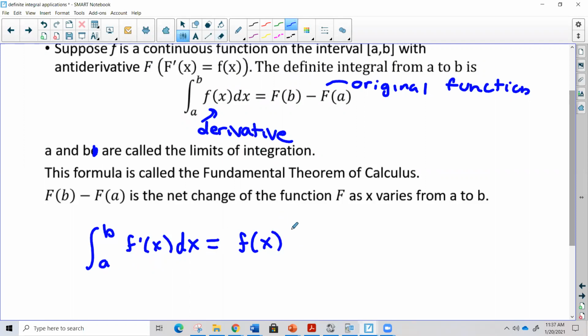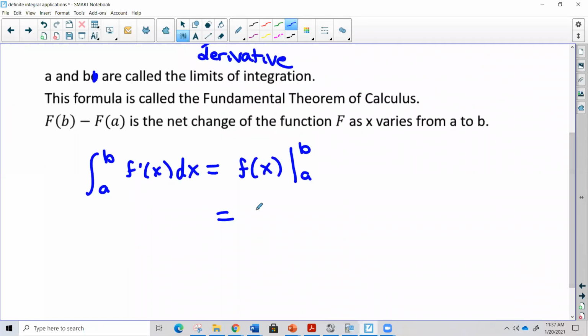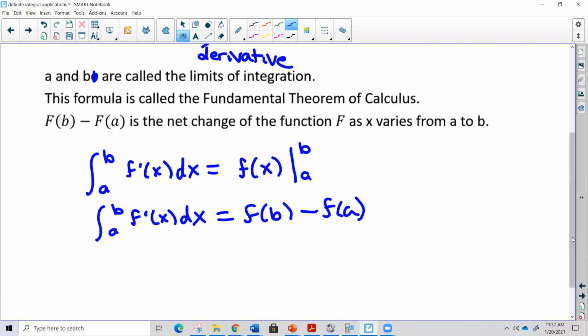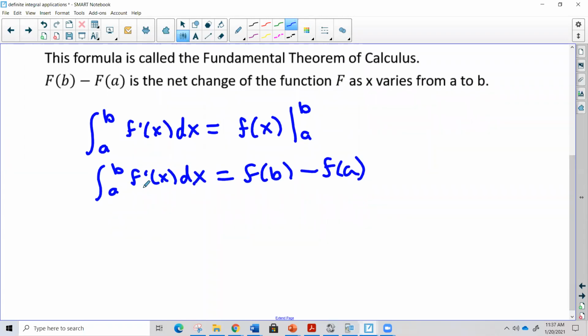So how we do it is we find the original function, and usually we put a bar here. Then we plug in our upper bound and subtract our lower bound. So this notation might make a little more sense to you. We take the antiderivative or the indefinite integral, and then we plug in our upper bound and then our lower bound.